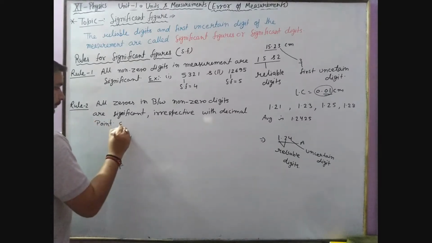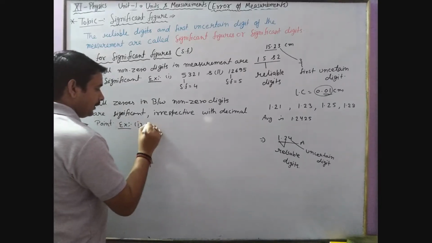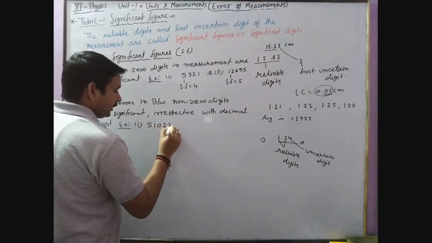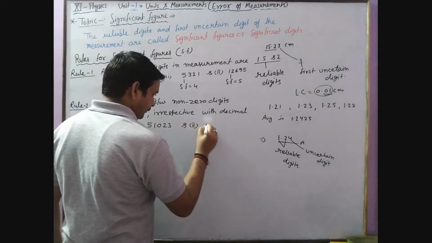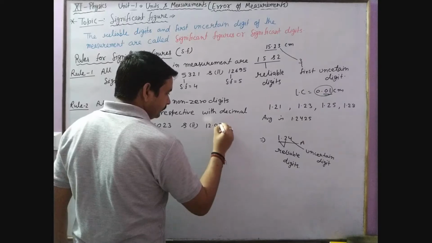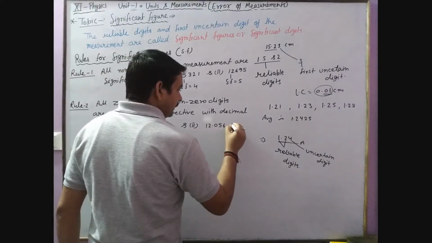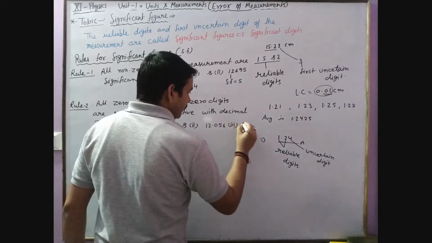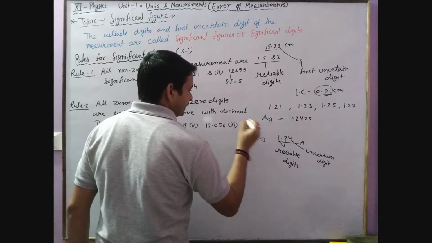For example, first we have the number 51023, in the second example 12.056, and in the third example 20.56.